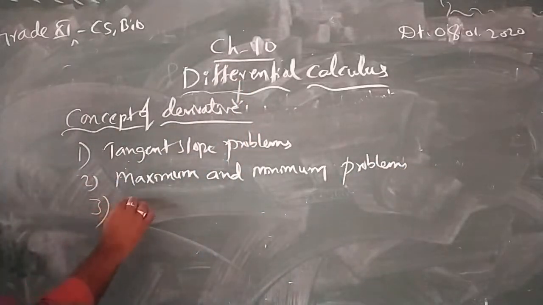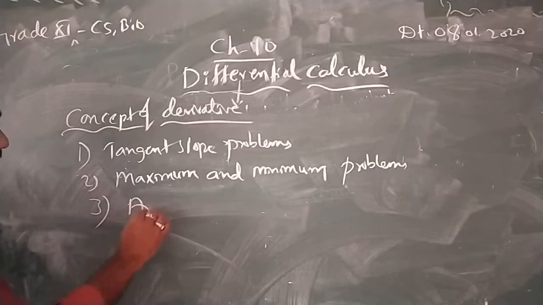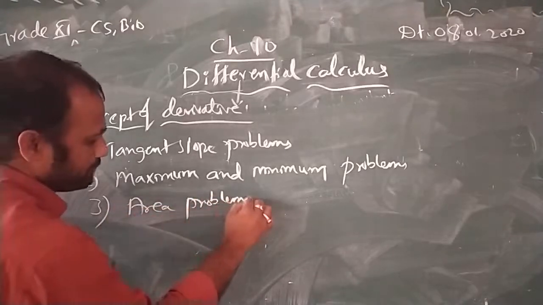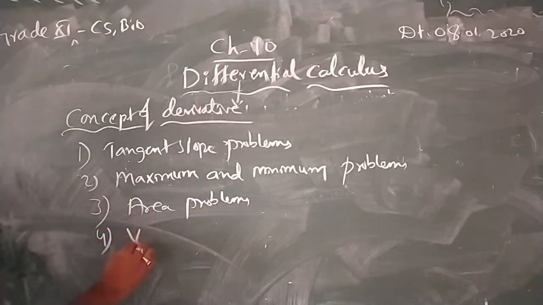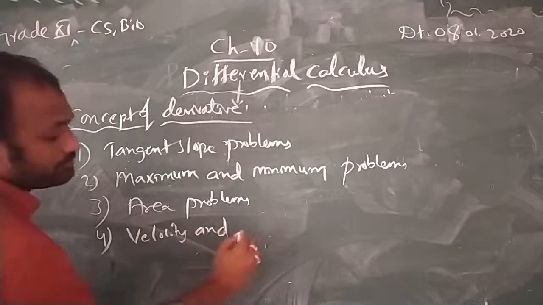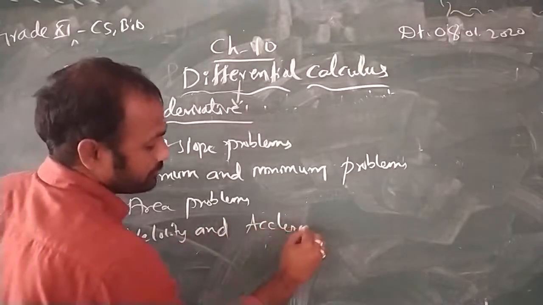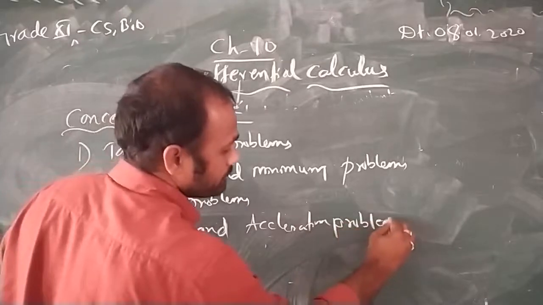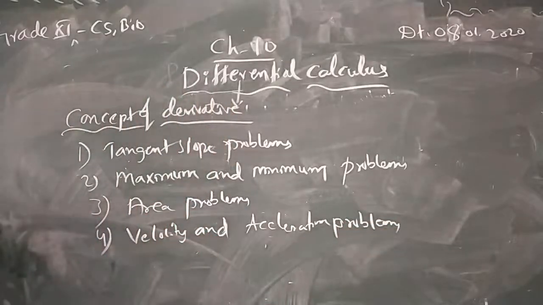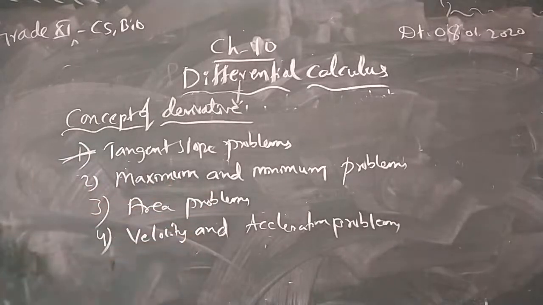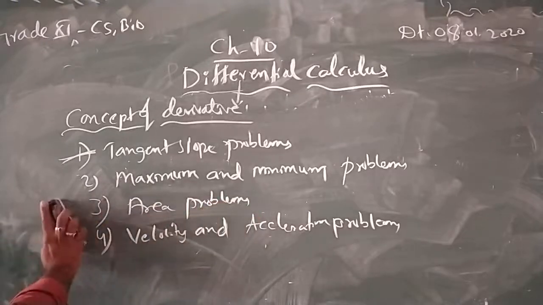The third one is area problems, and then velocity and acceleration problems. In this chapter we will focus on tangent slope problems, and in the later chapters we will get detailed coverage of the maximum, minimum problems, area problems, and all these problems.